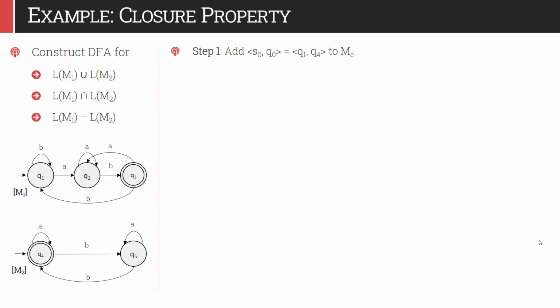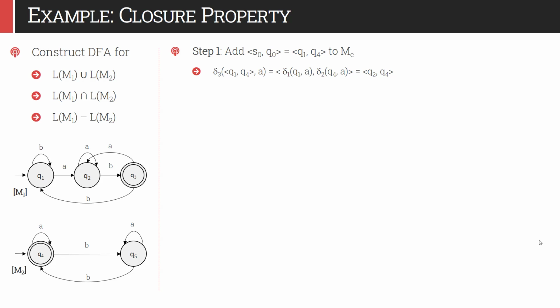Now we have to expand these states in MC, and to expand that we have to apply the delta transitions on Q1 and Q4 for all the possible input alphabets. Right now M1 and M2 contain only two input alphabets, A and B. So we have to apply the delta 1 transition on Q1 for input A and the delta 2 transition on Q4 for input A, and the same process we have to repeat for input B as well, and that will give us the combined state.